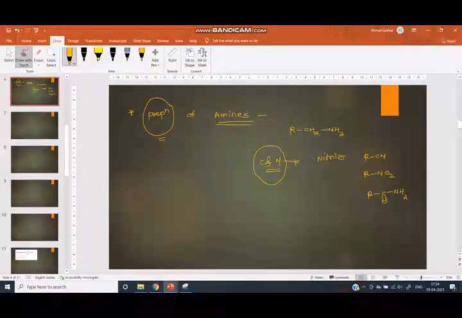If you reduce the nitriles we get amine. If you reduce nitroalkane then we get amine. If you reduce the amide we get amine. Now we can see one by one.